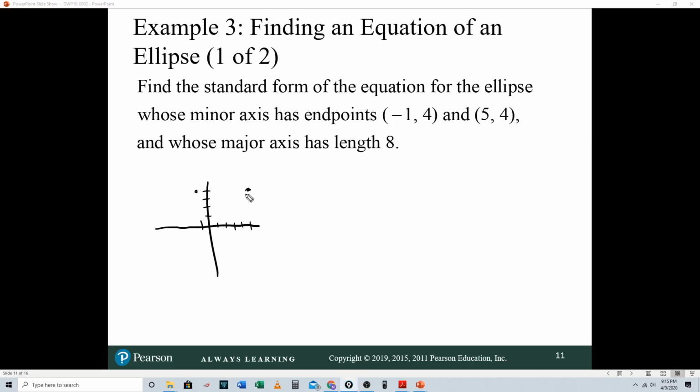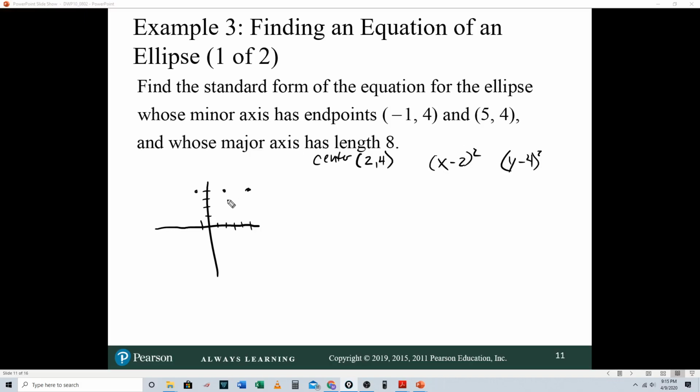Directly in between -1 and 5 is 2, so the center is at (2, 4). So we already know the equation is going to be (x minus 2) squared and (y minus 4) squared. So what we have to do is find a and b.